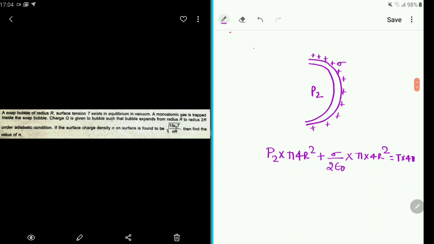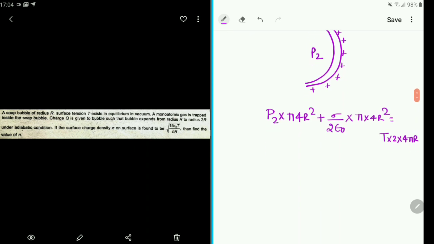Are you getting me or not? The other pressure will come from the electrostatic pressure. This is the beauty of this question, many things are involved. Sigma square upon 2 epsilon naught is the electrostatic pressure, which will be multiplied again with the effective area, 4 pi r square. These two forces, due to the pressure P2 and due to the electrostatic pressure, will be balanced again by surface tension, which will be T into 2 into 2 pi r, with radius 2r.